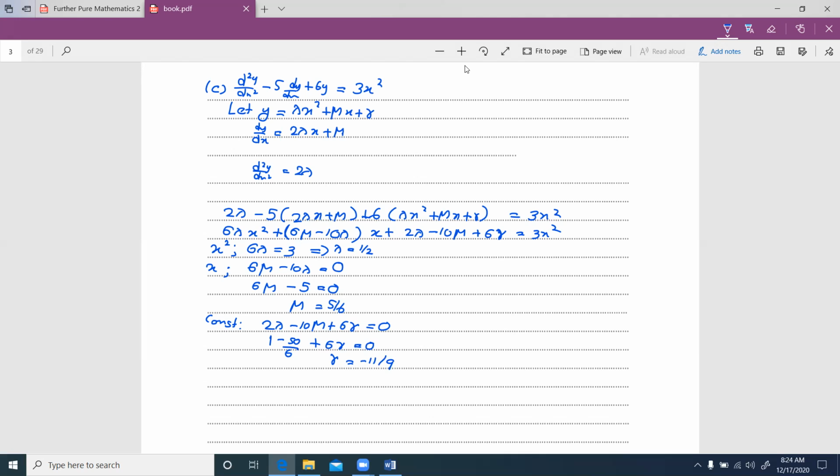Mm, the mistake is, if you consider the constant terms, this is 5 mu. I think this is not minus 10 mu. This turns out to be minus 5 mu. This is wrong. I just use a different color to show the correction. This is minus 5 mu. Yeah, that's one.